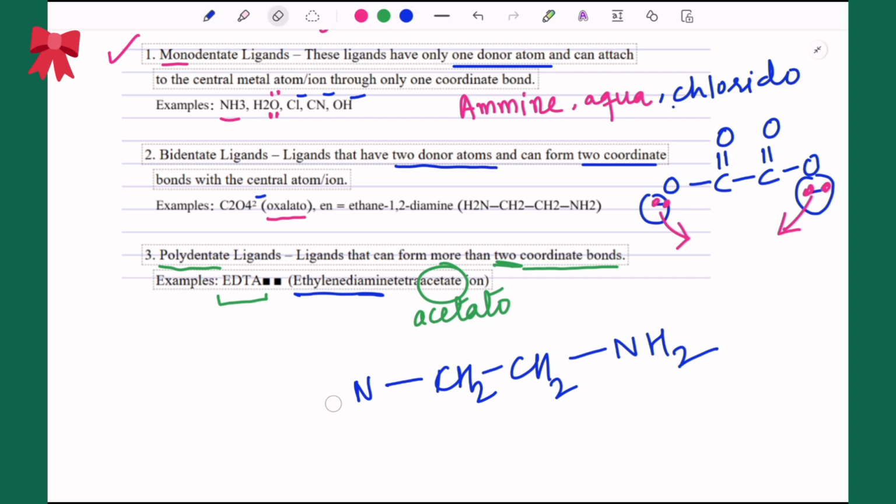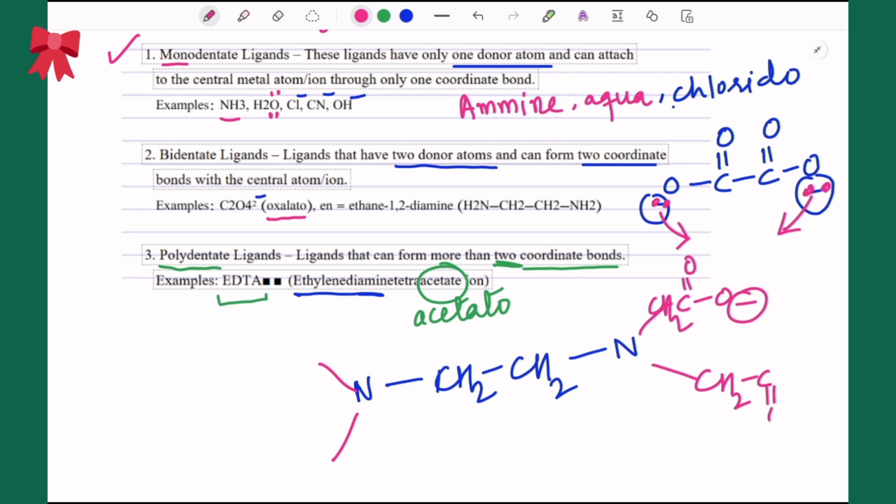remove these hydrogens, and what you will draw here is 1, 2, 3, 4. So you have to draw CH2, C double bond O minus, CH2, C double bond O minus.